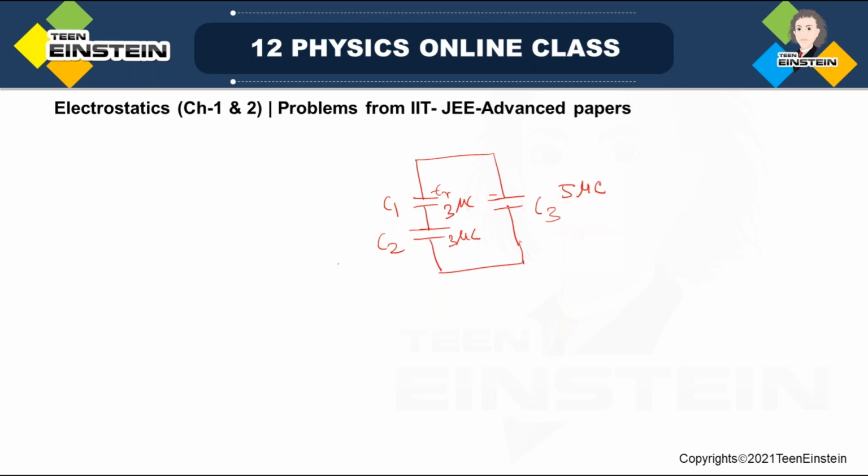That means the charge on C3 will be distributed to C1 and C2 according to their capacitance, and it is said that after equilibrium is reached, C3 has 5 microcoulomb.